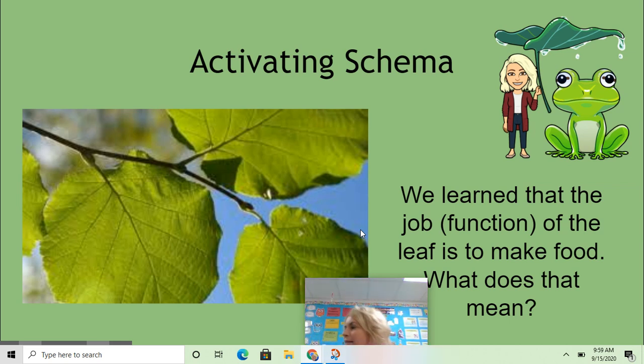Okay. I also want to show you something that I found when I was getting some leaves from the yard, from the trees, from some of my plants. I'm going to share lots of different leaves with you, but I found a little critter, and I hope I can find it for you.